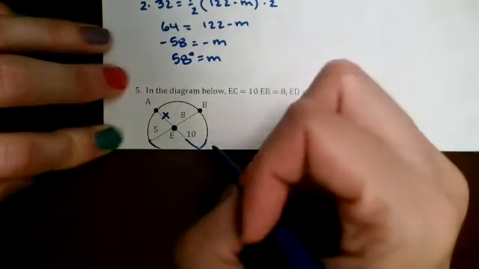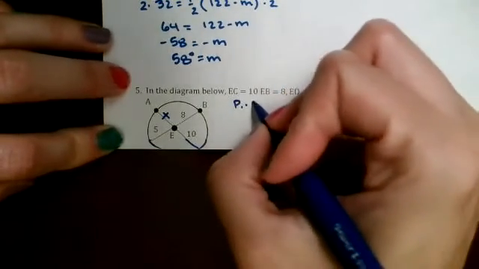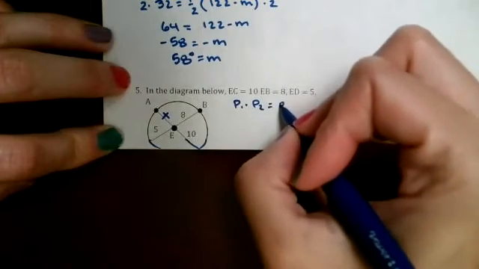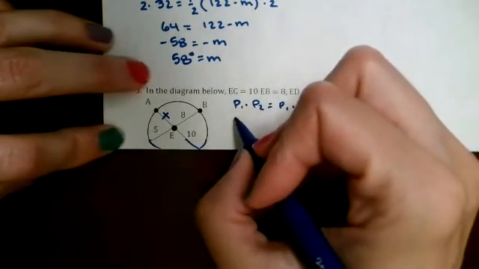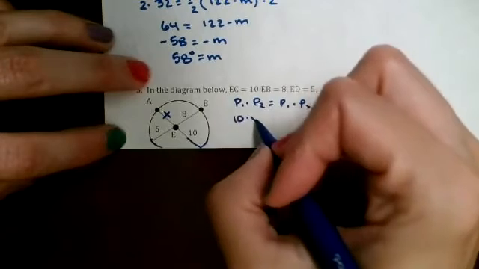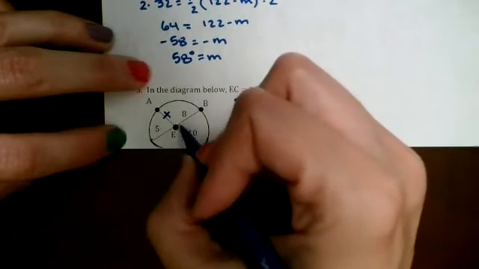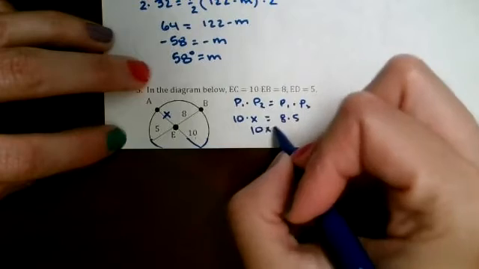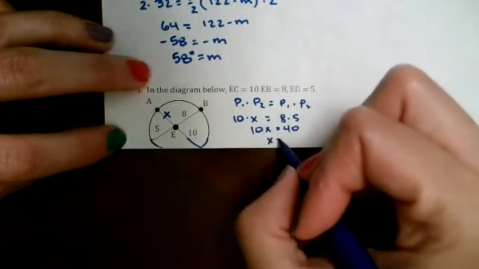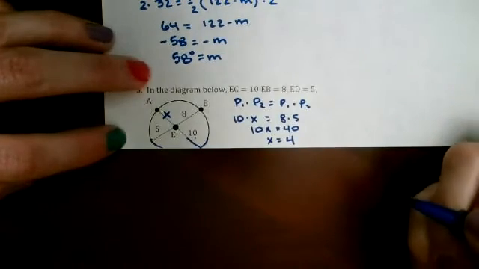We're going to do part 1 times part 2 is equal to part 1 times part 2. So I'm going to have 10 times x, because those parts belong to this chord, and 8 times 5. So 10x is equal to 40, so x is equal to 4.